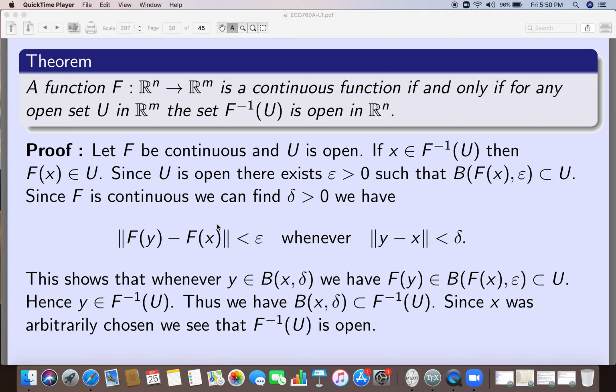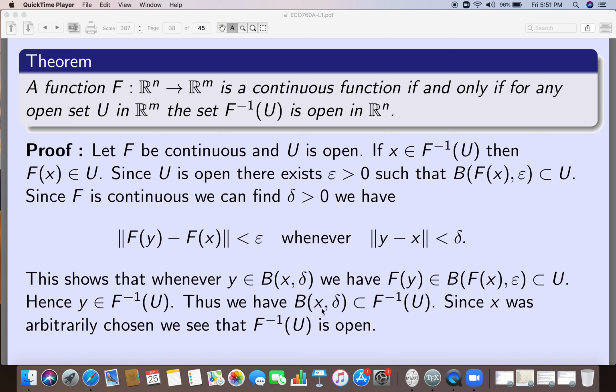So what does this say? Whenever y is in the open ball of radius delta centered at x, we have F of y in the open ball of radius epsilon centered at F of x. Now this open ball B(F(x), epsilon) is a subset of U. So F of y is an element of U, so y is an element of F inverse U. So what did I prove?